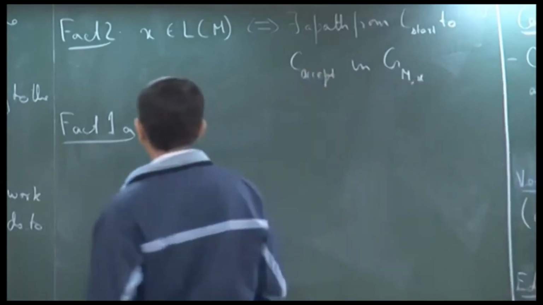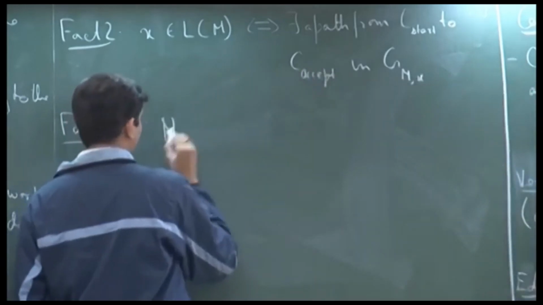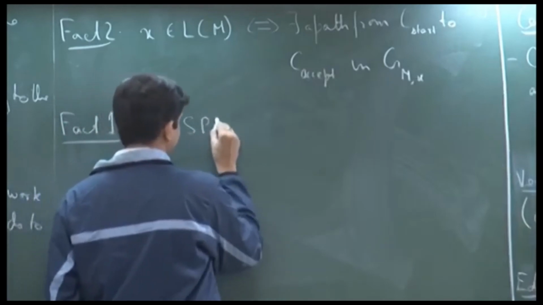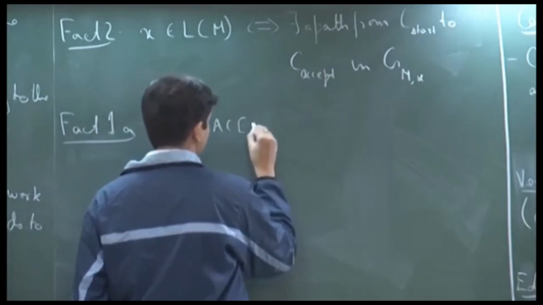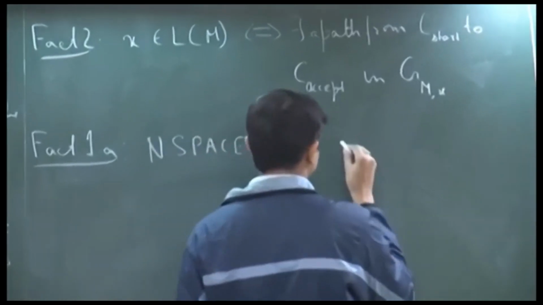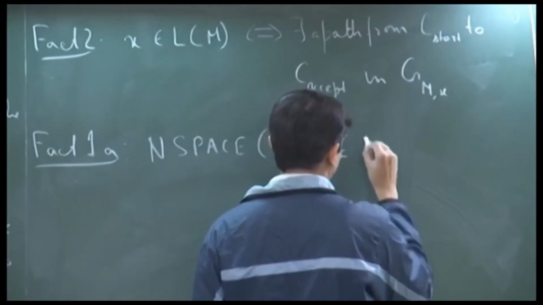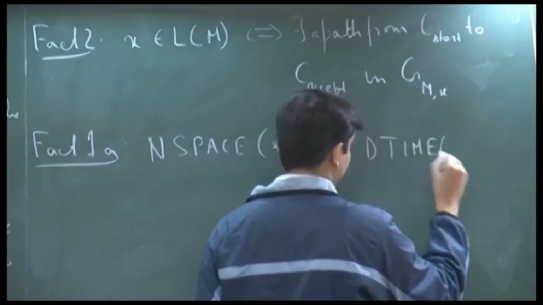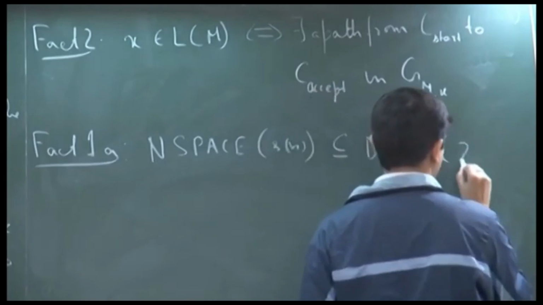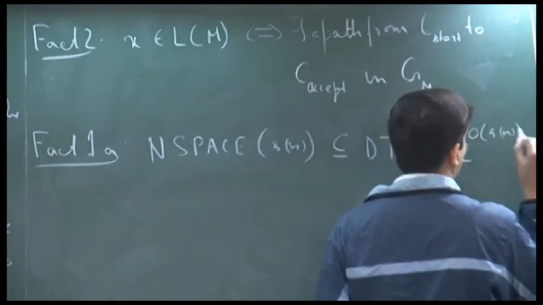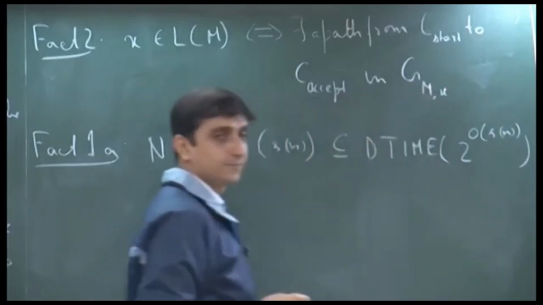So, now I can extend that to the following result, that n space s of n is contained in d time, again of course not s of n, but 2 to the power big O of s of n.